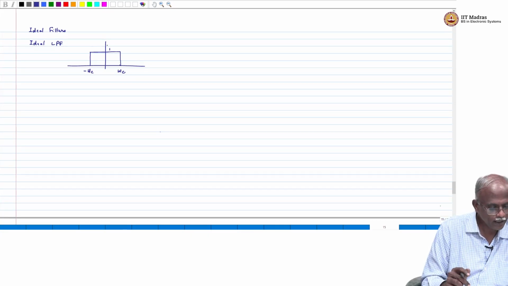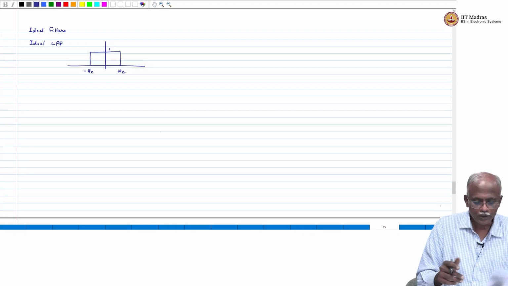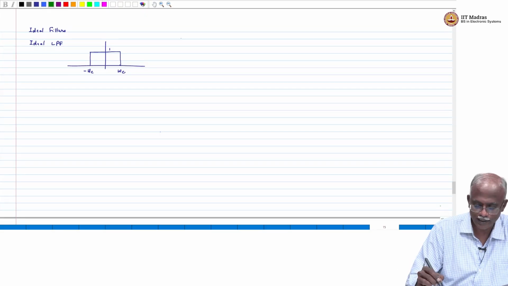This is an ideal low pass filter. We would like to be able to utilize our understanding of filters and the DTFT properties to see how these filters will affect the output of the signal.